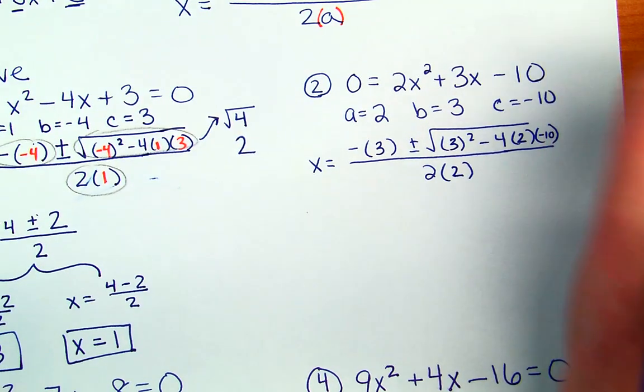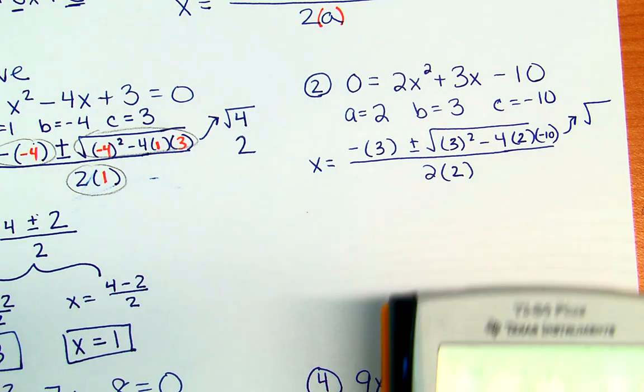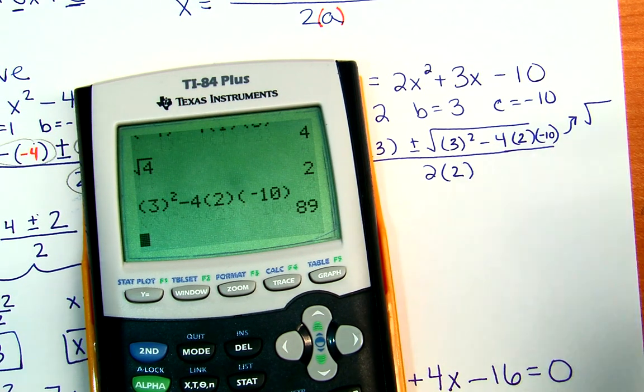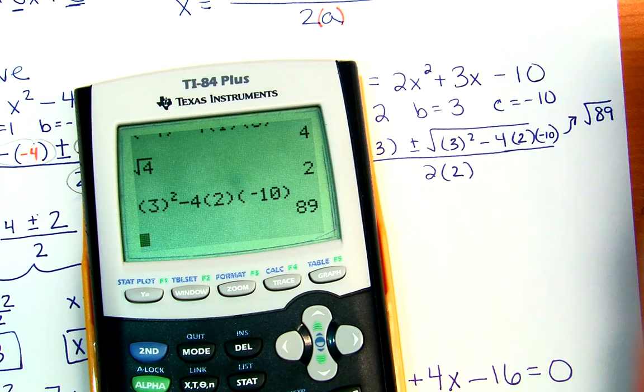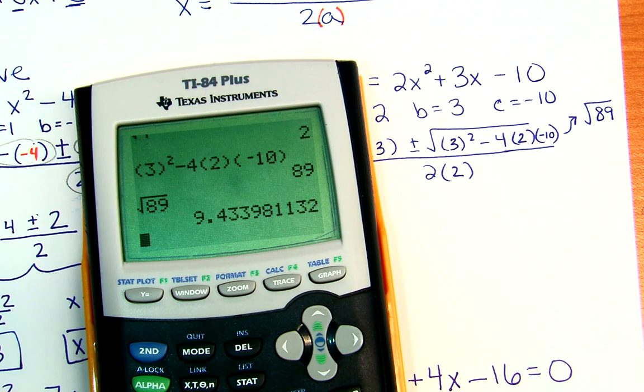So off to the side, I'm going to identify what I wind up with under the radical. So I'm going to have 3 squared minus 4 times 2 times -10, and I get 89. So I attempt to determine the square root of 89, which is an irrational number.